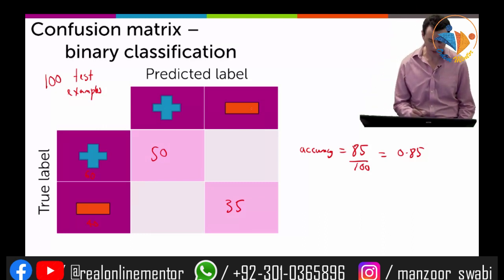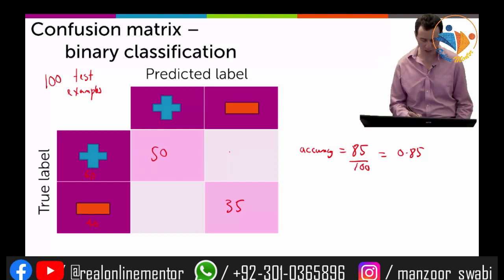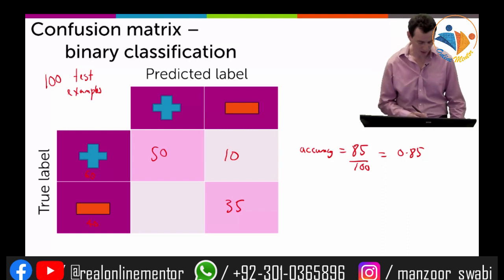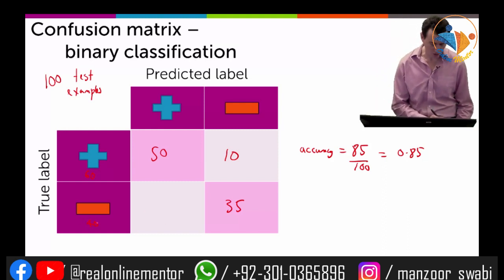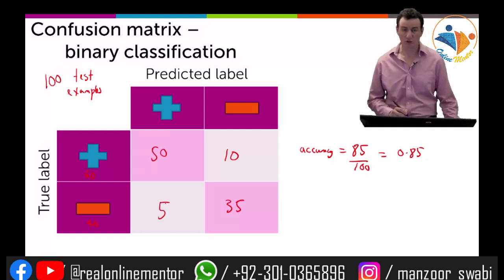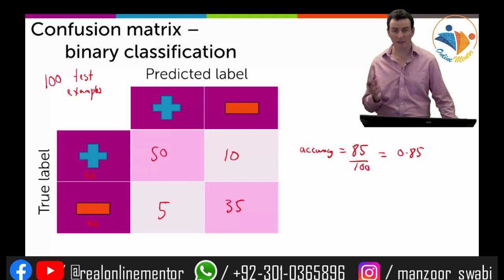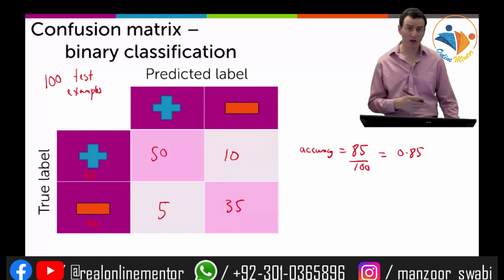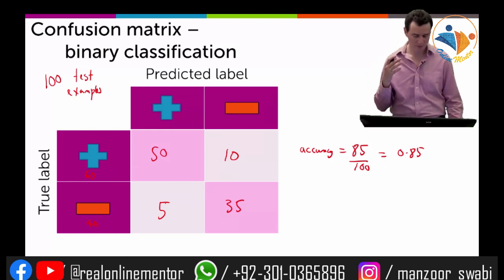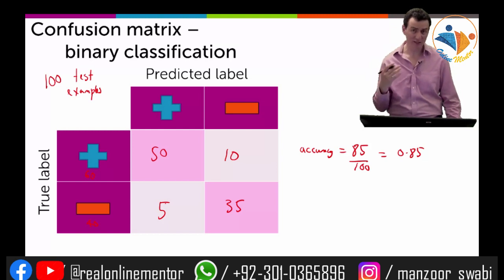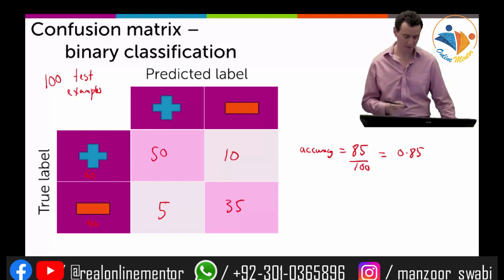Of the positives, 10 got labeled as negative. That's a false negative. I had 10 false negatives. And on the other hand, of the true negatives, we get 5 false positives. So in this example, we got 85% accuracy. We got a higher false negative rate than we had a false positive rate.